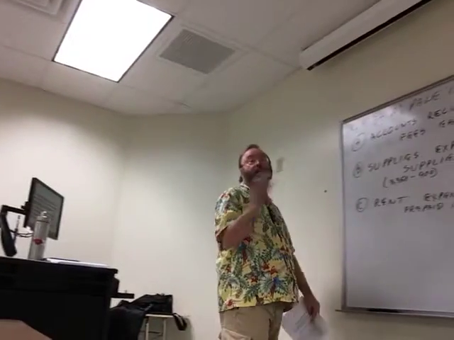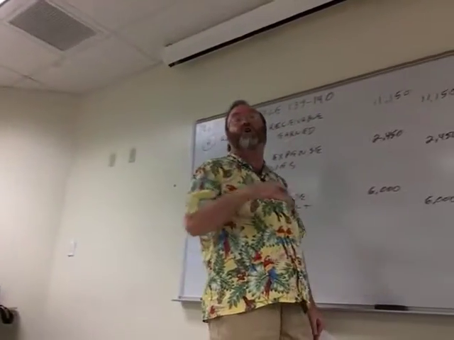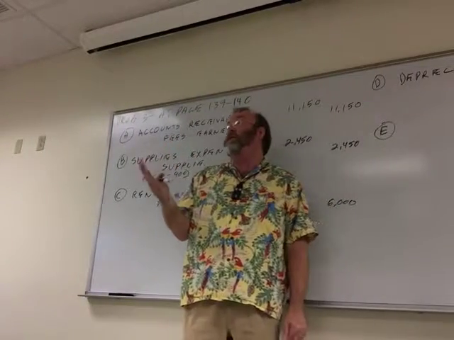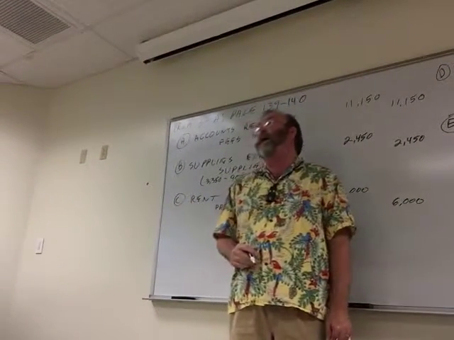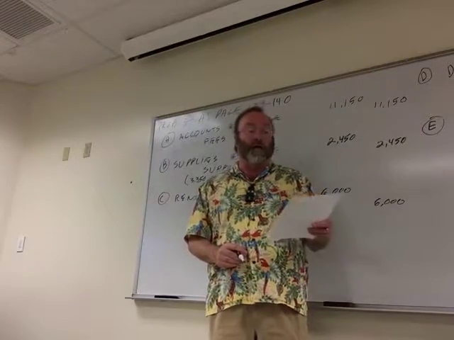Unearned fees at July 31st, $2,000. So you need to look on the unadjusted trial balance again, and you'll see there's a liability account called unearned fees that has a balance in it of $12,000. So only $2,000 of that is still unearned. You still haven't completed the earnings process for that $2,000 at the end of July.